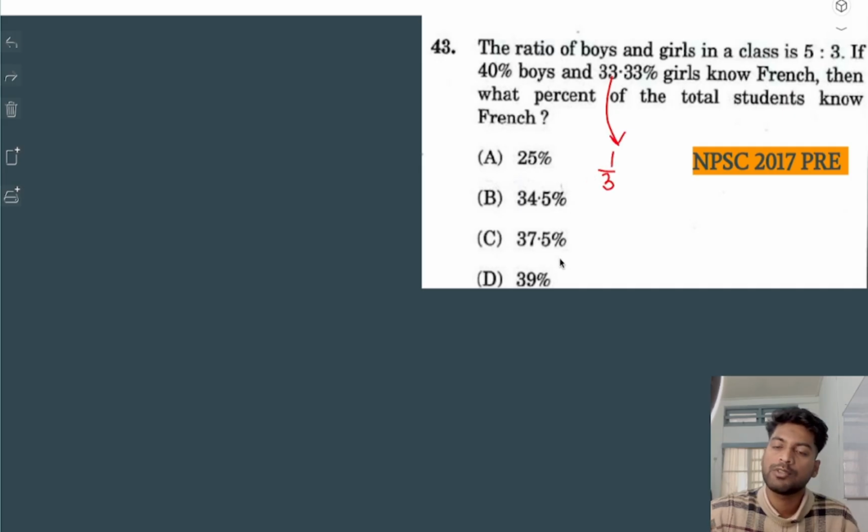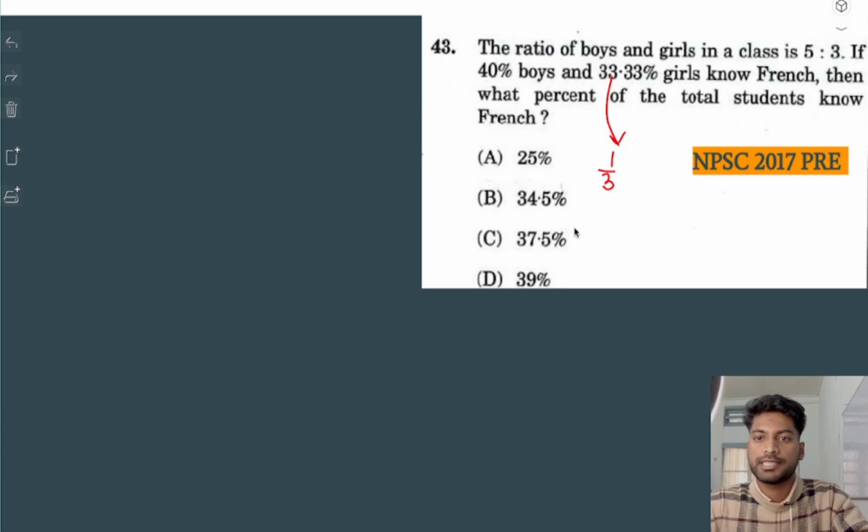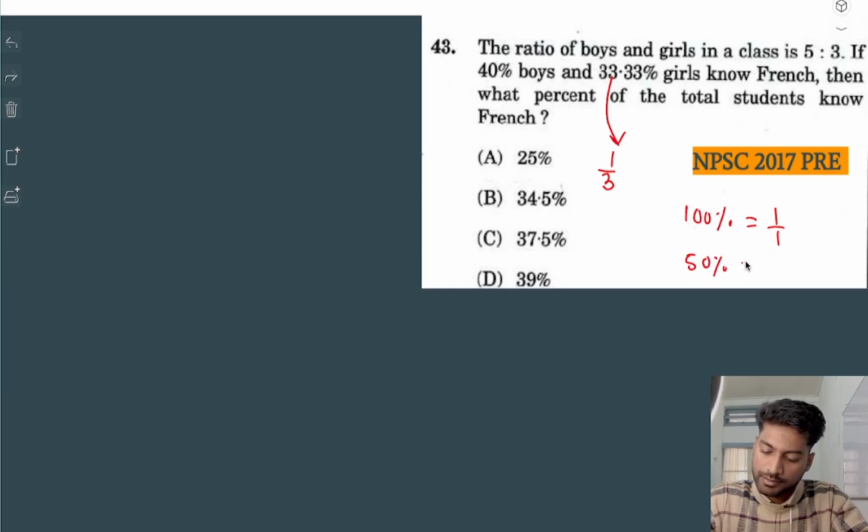If you don't know how to convert percentage to fraction, just pause the video and go to YouTube and search percentage to fraction. It goes like this: 100% means 1 by 1, 50% means 1 by 2, 33.33% means 1 by 3.